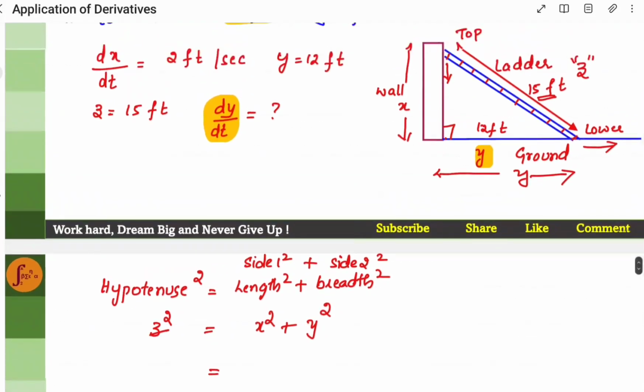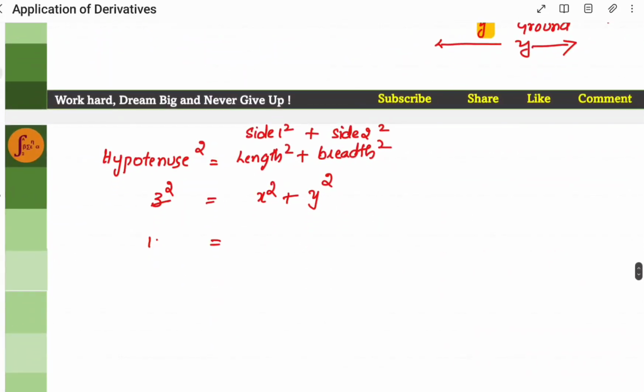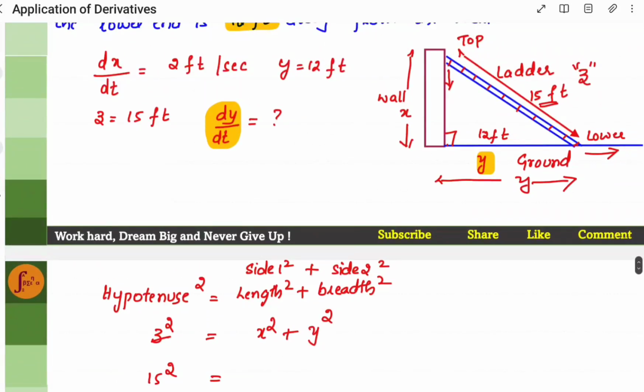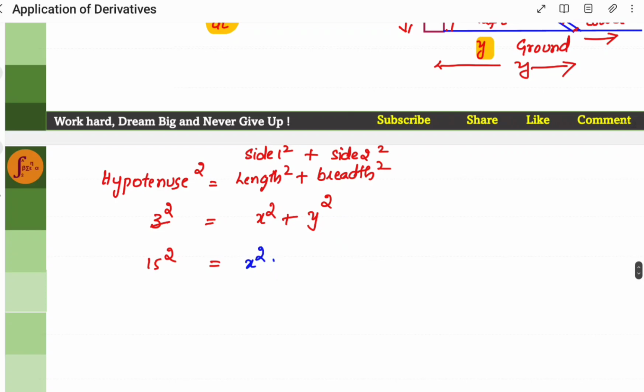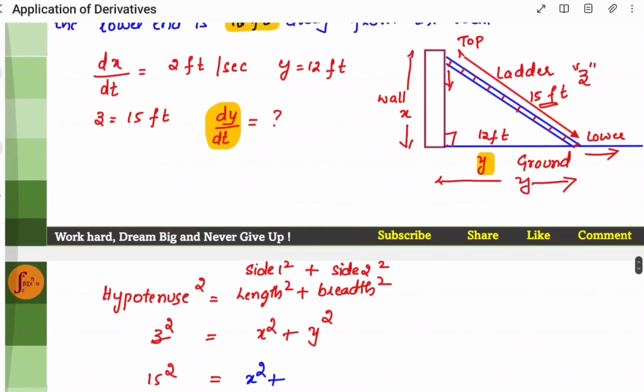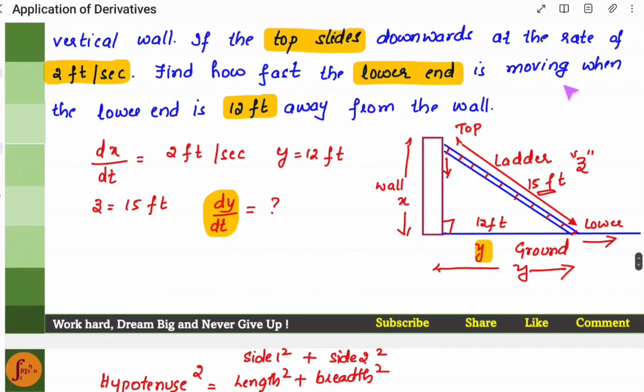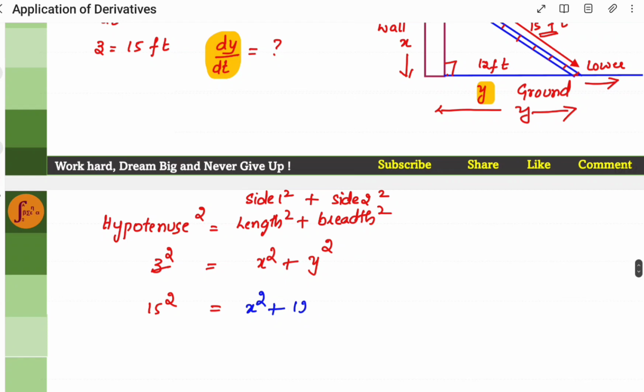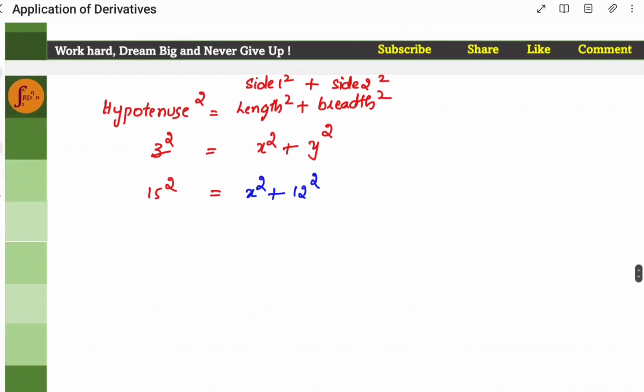Instead of z we have 15 feet, so it is 15 square. Instead of x square, we don't know the height of the wall, so we leave it like that. Do we know y square? Yes, 12 feet, it's given. So this y is 12, so 12 square. We have to find x square.